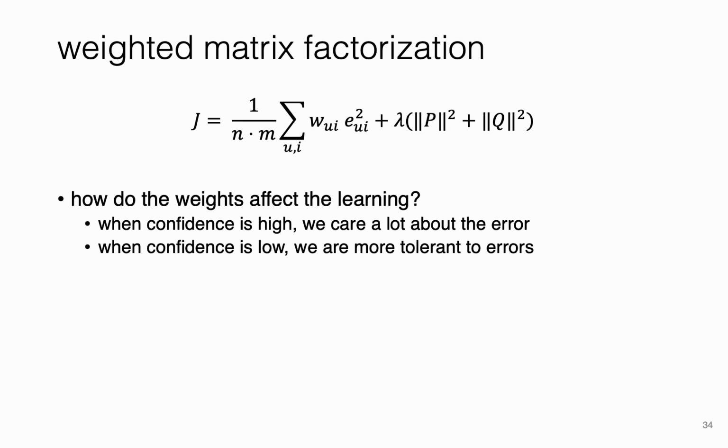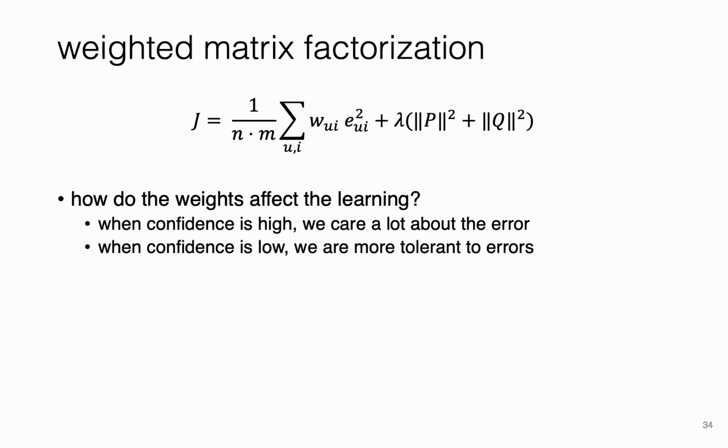Let's see the first change in more detail. How do the weights affect the learning? When our confidence in one feedback is high, we assign higher importance to its error term.